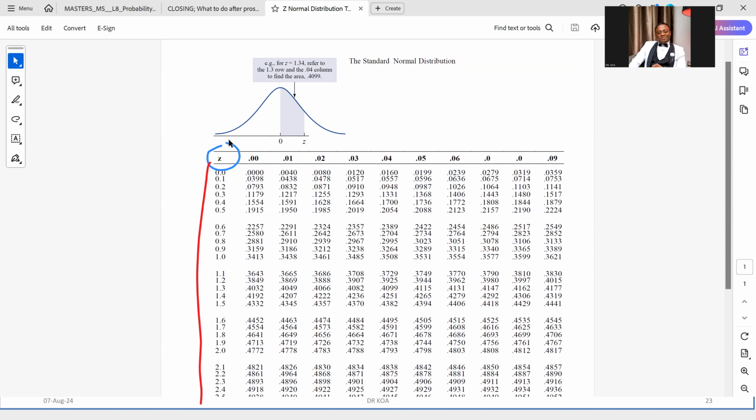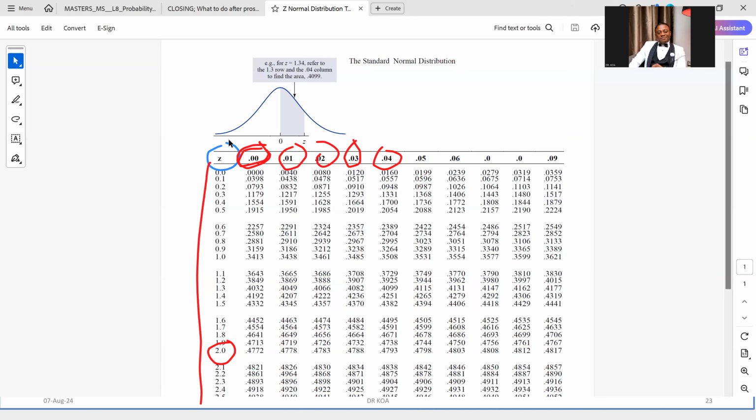So as you look through, you will notice that 2.0 is here. The next 0 should be read at the top. And because it's just 2.00, you cannot use 0.01 or 0.02 or 0.03 or 0.04. It has to be 0.00.